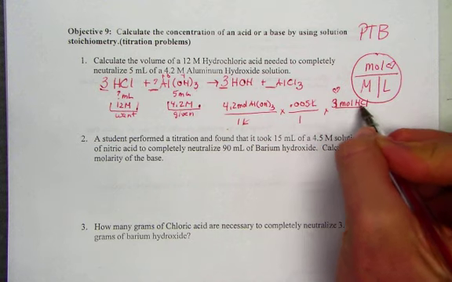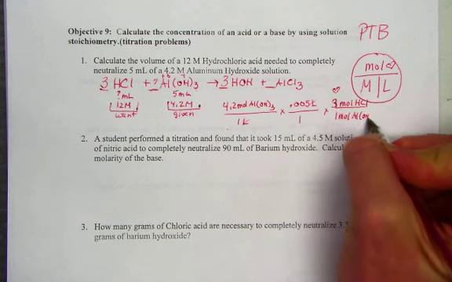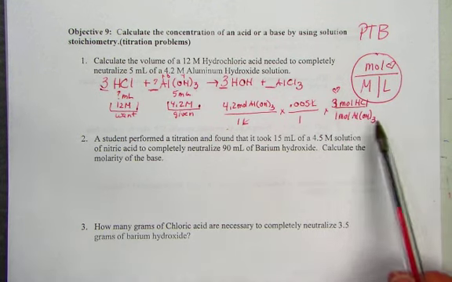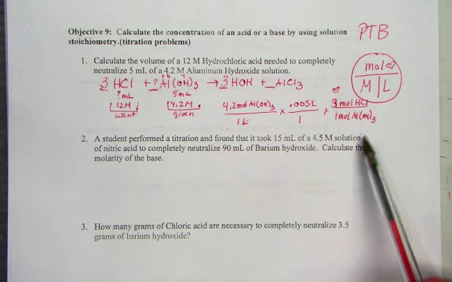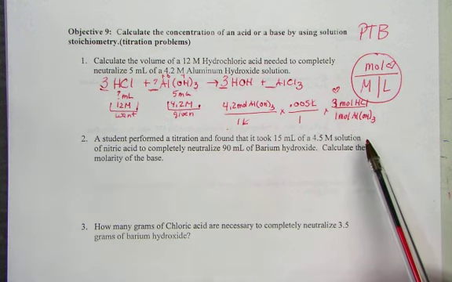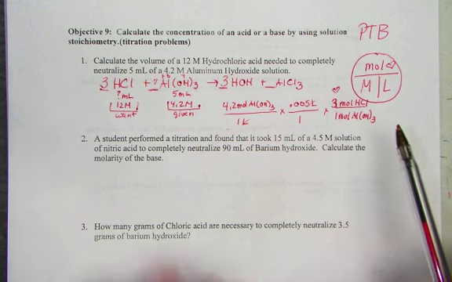It takes 3 moles of the acid to neutralize every 1 mole of our base. The reason I caught my mistake in balancing, the number of H's had better equal the number of OH's to be completely neutral. So the ratio is 3 over 1.